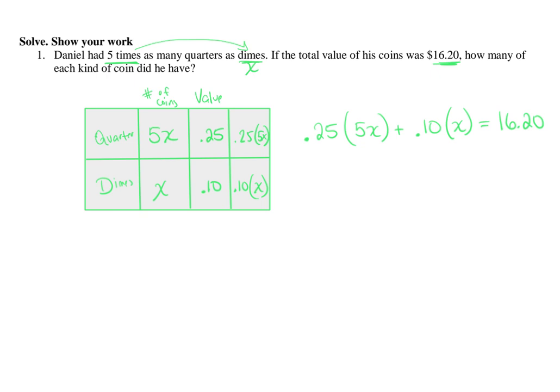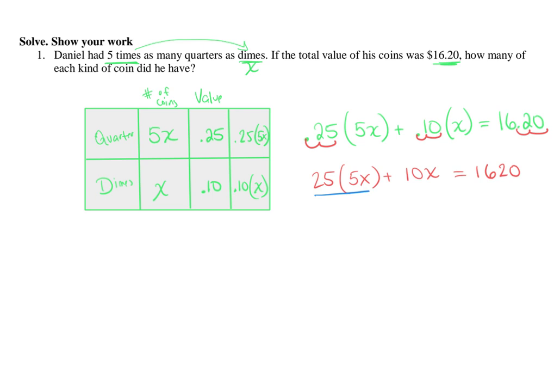And then I'm going to use my shortcut to get rid of those decimals. I will always, always, always move these two decimal places for dollars and cents because dollars and cents are always in two decimal places, right? And so I can move this over two places, I can move this over two places, and I can move this over two places. So I have 25 times 5x, I have 10 times x, and I have 1,620.